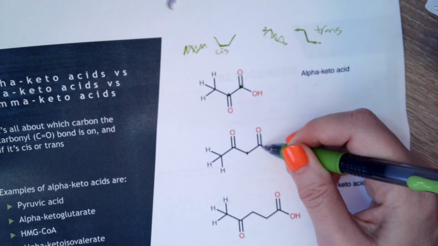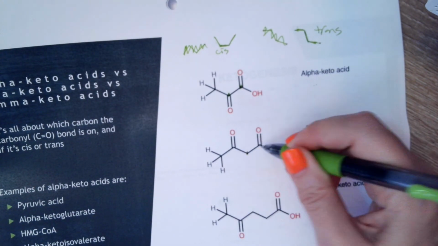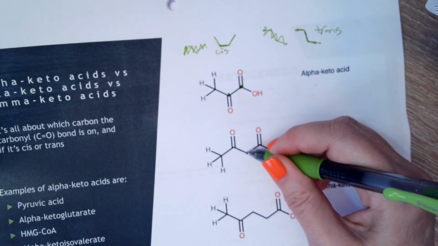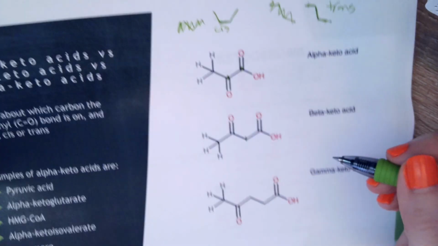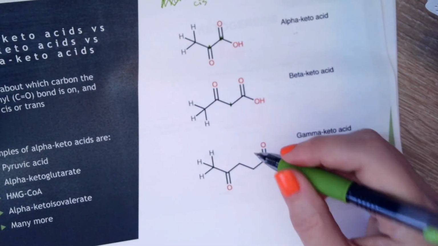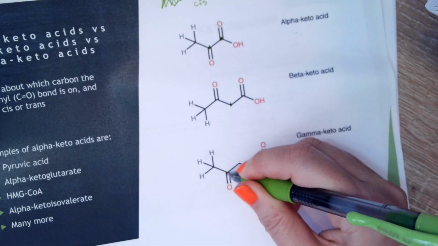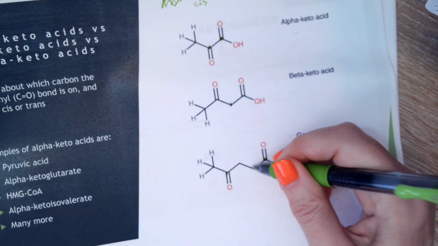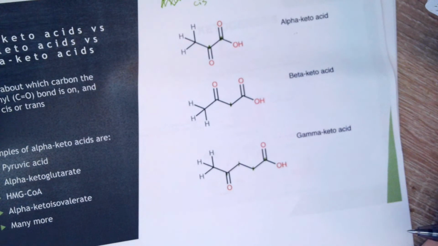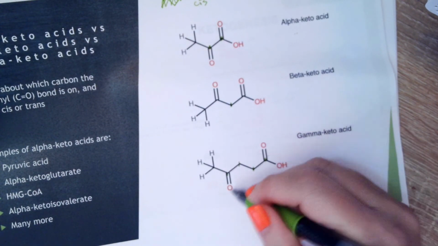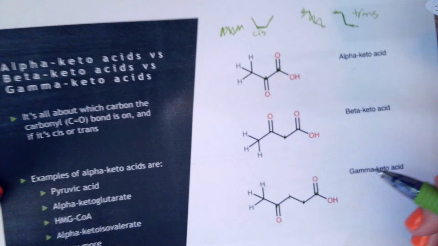So we have the oxygen double bonds spaced by one carbon. There's a separation here. And then for the gamma keto acid, just find the oxygen double bonds, and here we have a space of two carbons, and this would be a trans conformation because they're on opposite sides here.